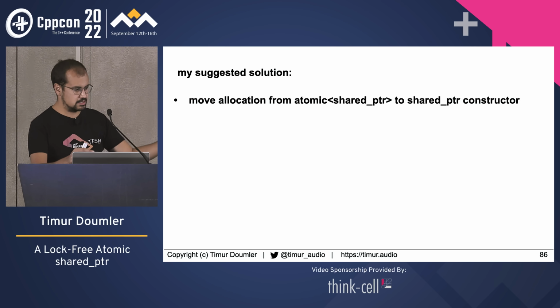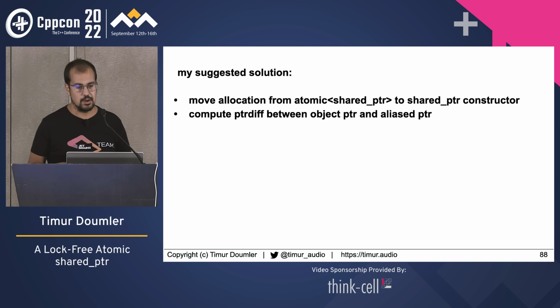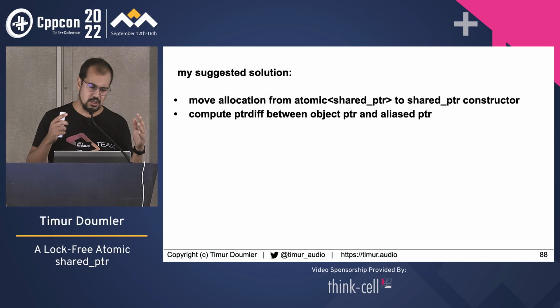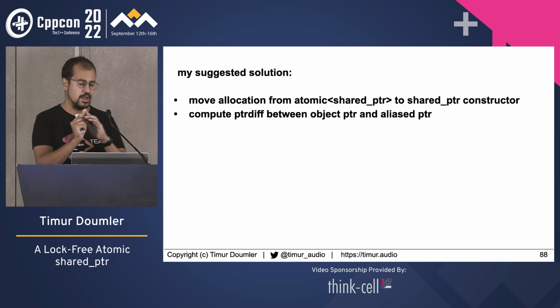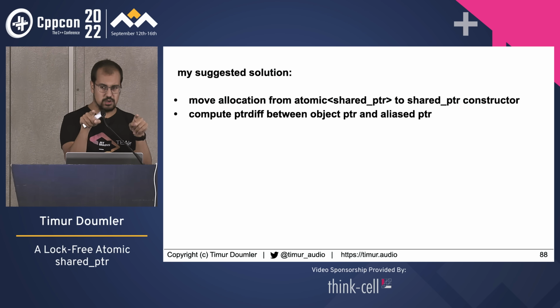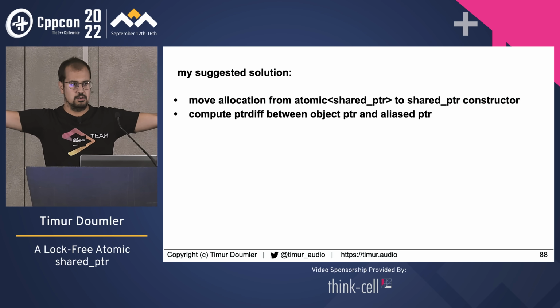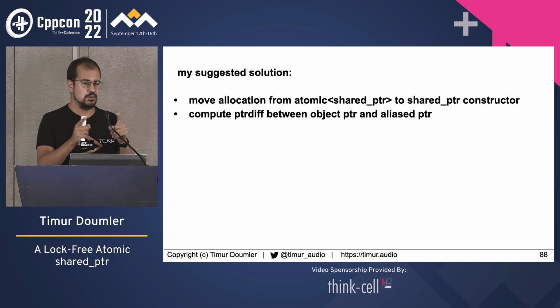Well, there is maybe another thing we can do, and this is something that I kind of came up with. Note that if you have an alias pointer, typically you're pointing to either a base class or a member inside that object. So hopefully those 2 memory addresses are not going to be super far apart, right? They're going to be relatively close. So what we can do is compute the pointer difference of these 2 addresses, and that's probably going to be small.